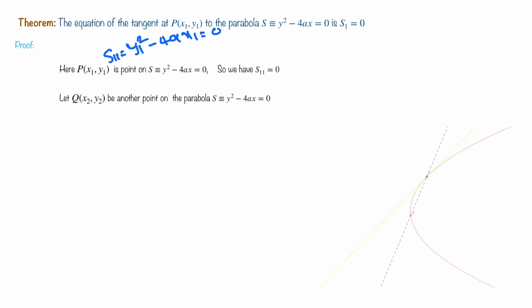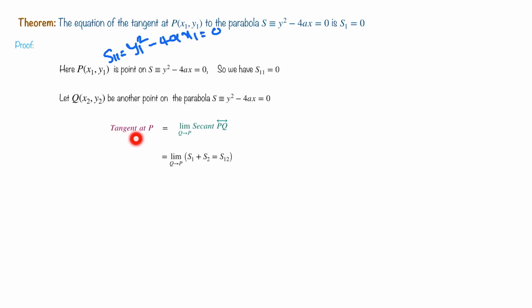Now the tangent at P can be seen as the limit of the secant PQ as Q tends to P. From the above theorem, the secant equation PQ is S1 + S2 = S12.